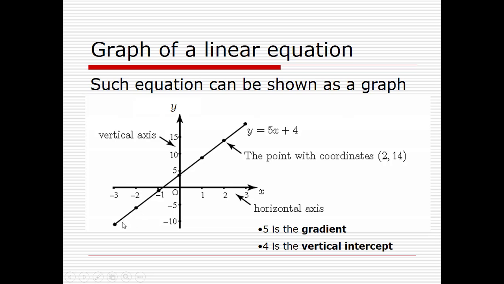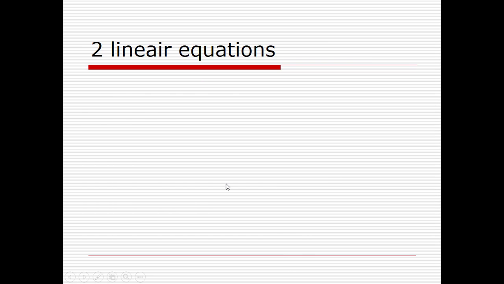This line has two specifics: the element in front of the x, which in this case is 5, is called the gradient, and this one here is called the vertical intercept. This 4 indicates the position where the line intercepts the y-axis. So it's the vertical intercept.